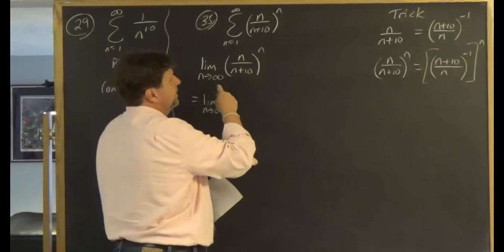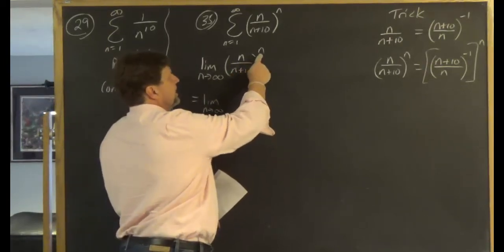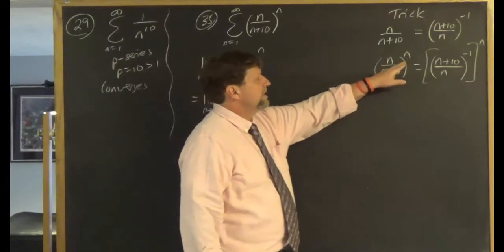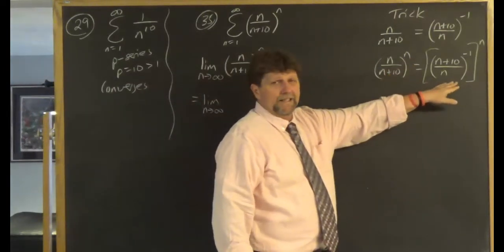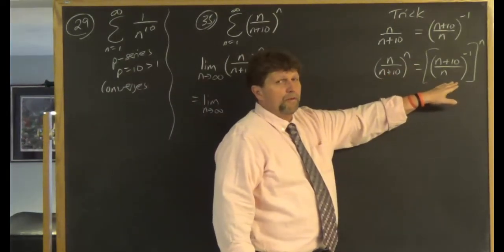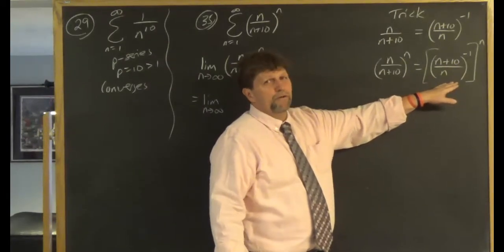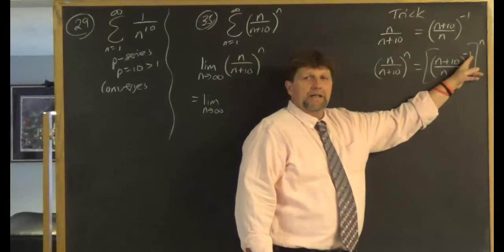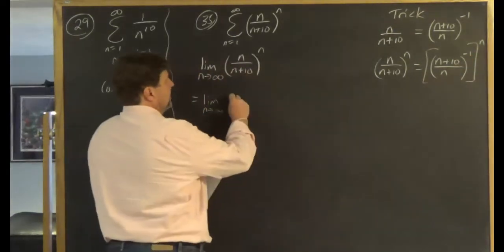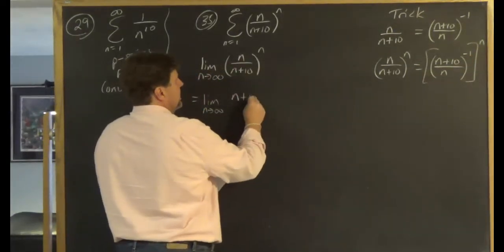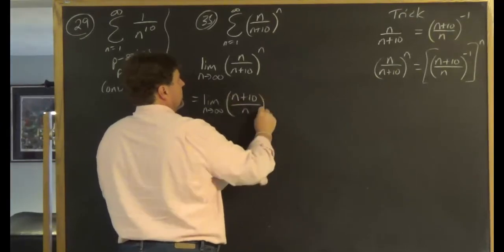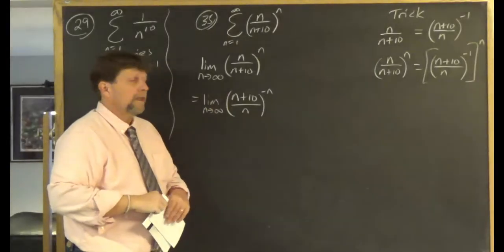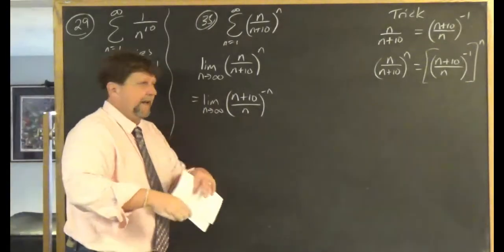So n over n plus 10 to the nth power, I have that we can rewrite as this. But I'm going to do one more step. There's another rule of exponents that says I can multiply these two exponents together to give me n plus 10 over n to the negative n power. Now I want to get rid of that negative exponent.